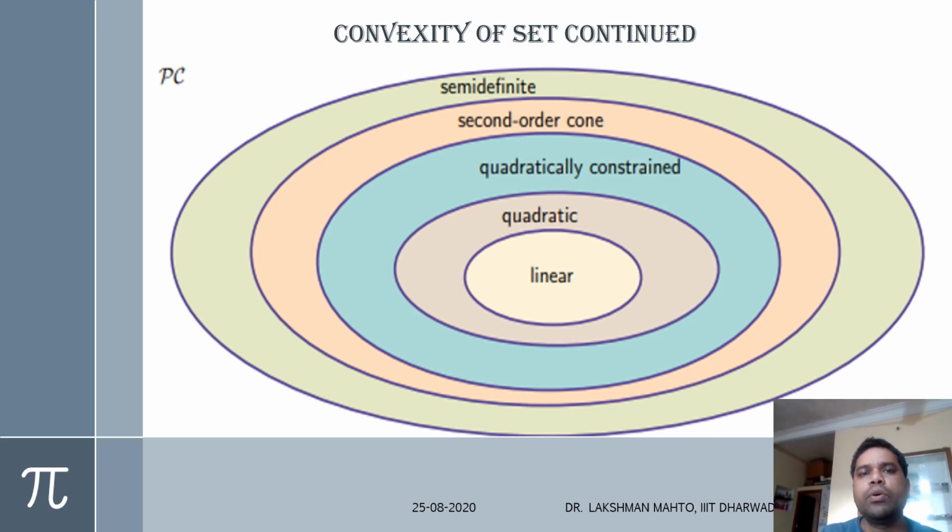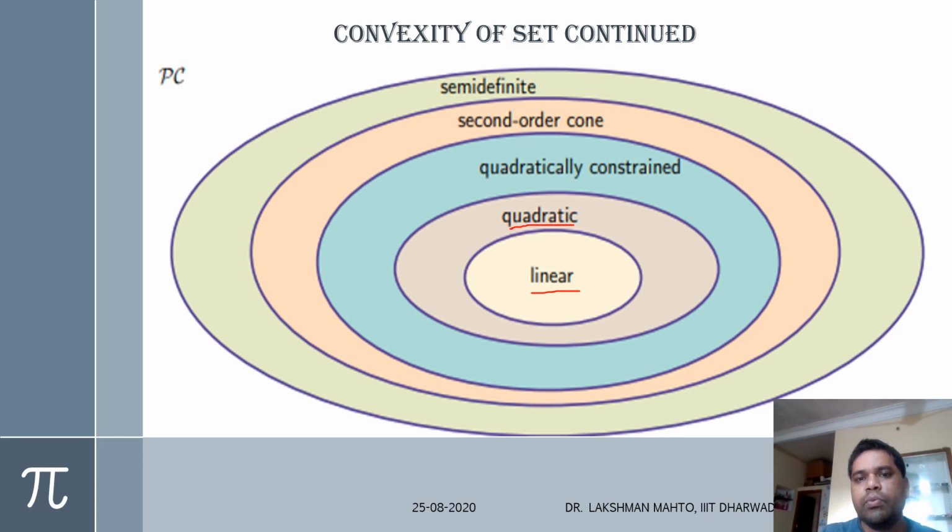Here we observe that convex optimization is a very large class of optimization problems, covering a variety of problems. The simplest one is the linear program, which has a well-defined theory. If you go a little more complicated and take a quadratic objective function, then we call it a quadratic program.